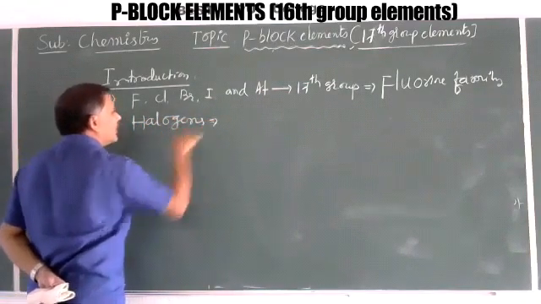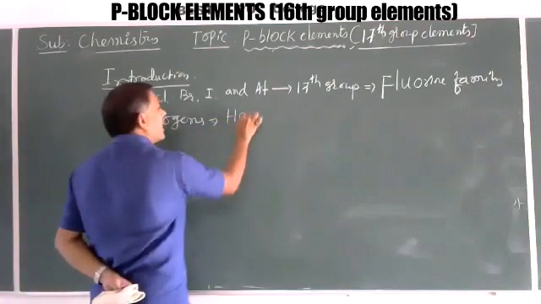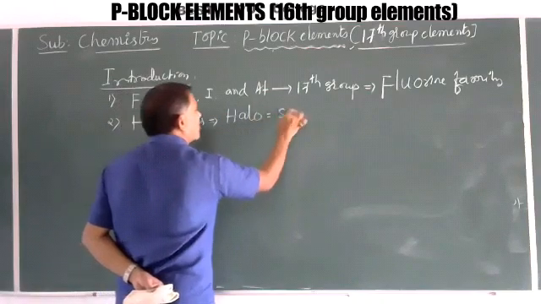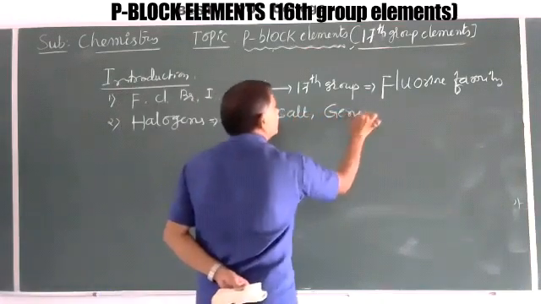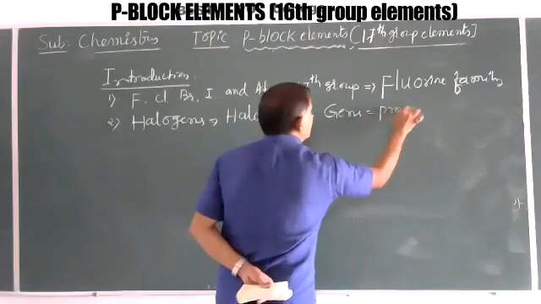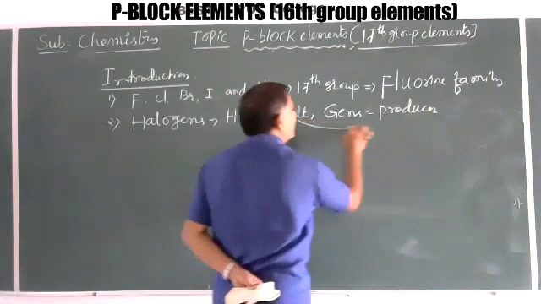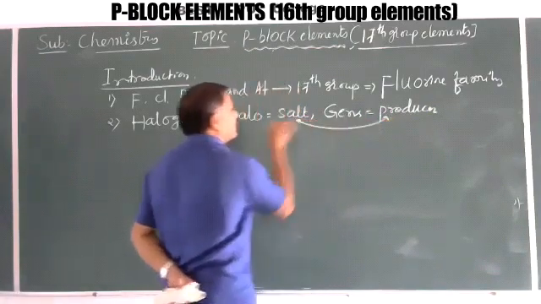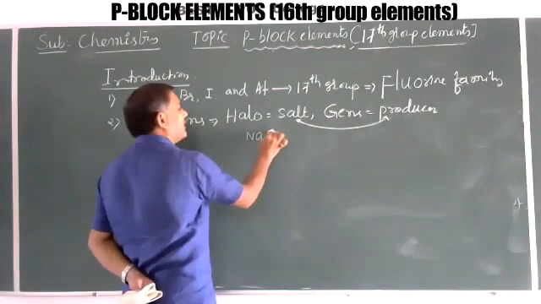Halogens. Why these are called halogens means, in Greek language, halo is nothing but salt, and gens means producers. These are the salt producers. Sodium fluoride is a salt.